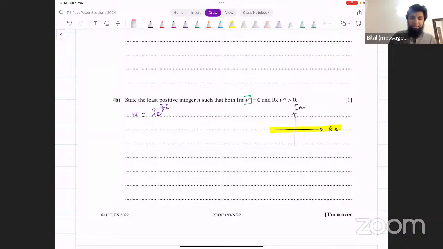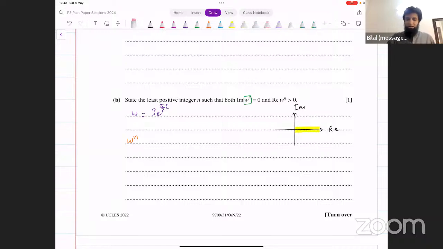Okay, and then it says that the real part of w raised to power n, that has to be positive. So not only is it on the horizontal line, it's also that the real part is positive. That means it has to be on the right side of this line. So that point, w raised to power n, it has to be on this side, on the right side, on this line.